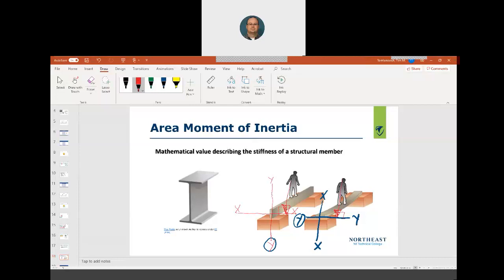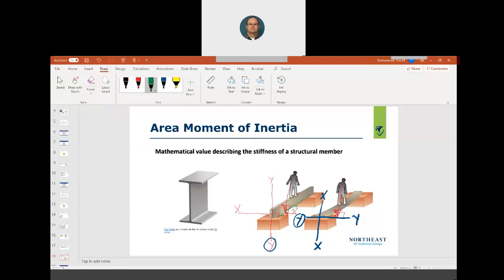So why is this important? By trial and error, way back when building started in the 1800s, we realized that when I cut my board out, if I stand it up long, I get less deflection. It's stiffer when my load is acting against rotating around the XX centroidal axis.